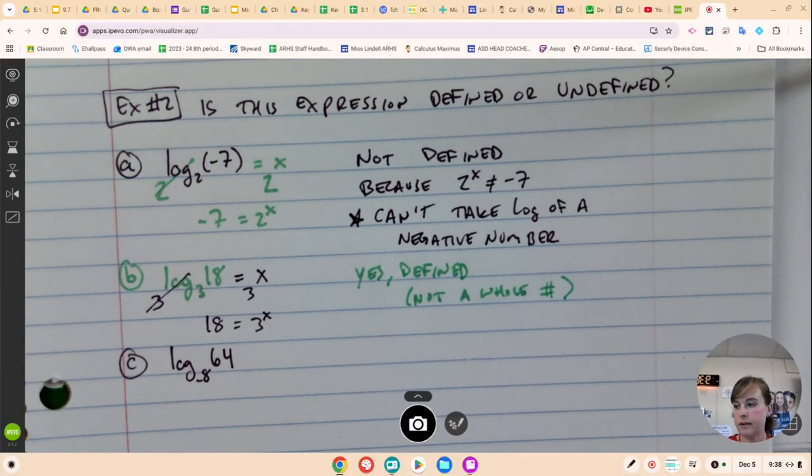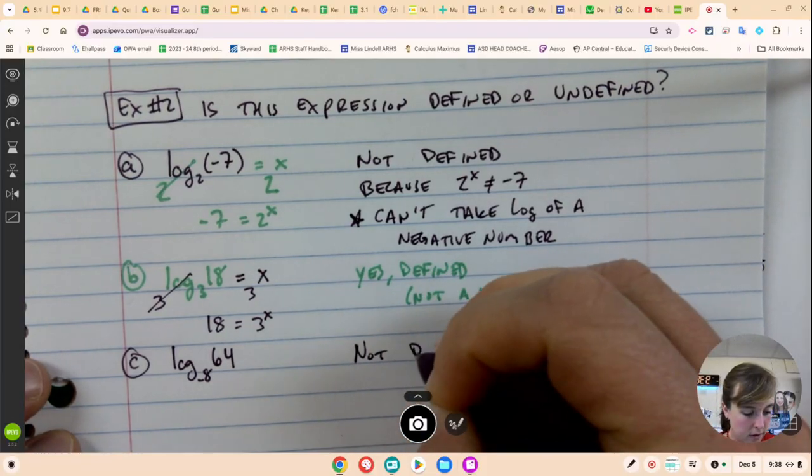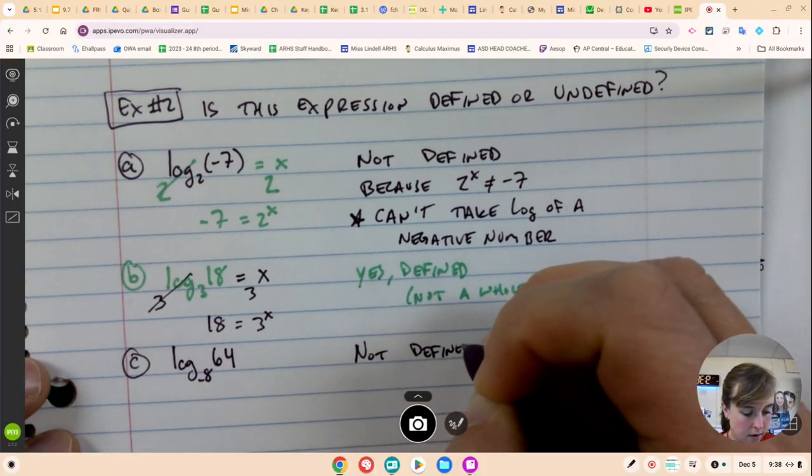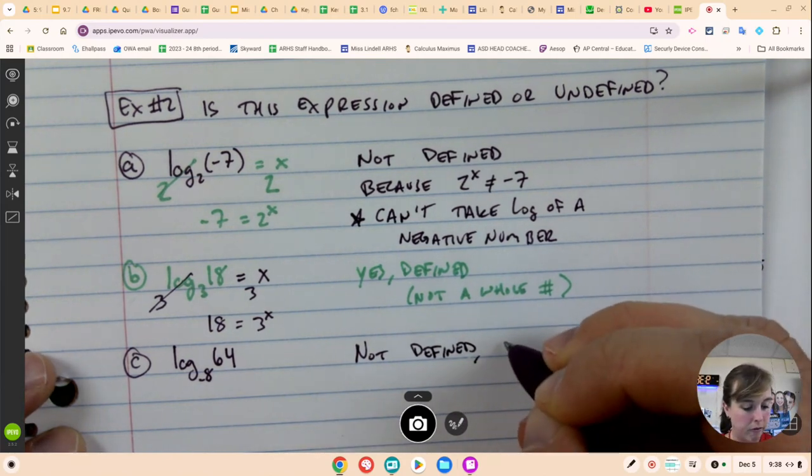All right, next one, log base negative 8 of 64. This one we're just going to say, to start off with, logs don't get negative bases. This one is not defined. Can't have a negative base for a log.